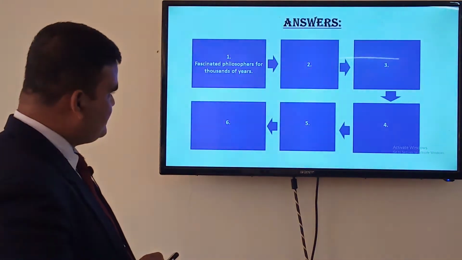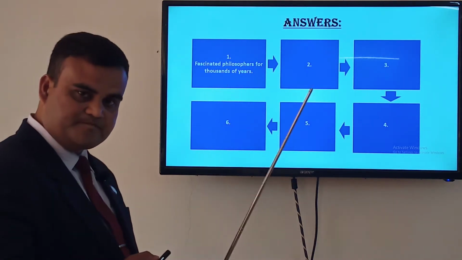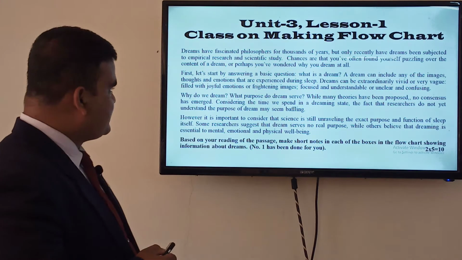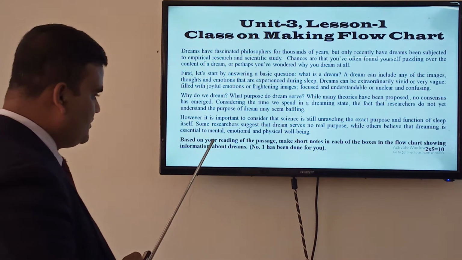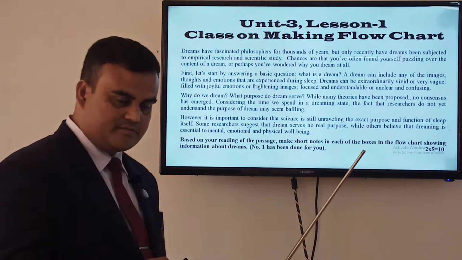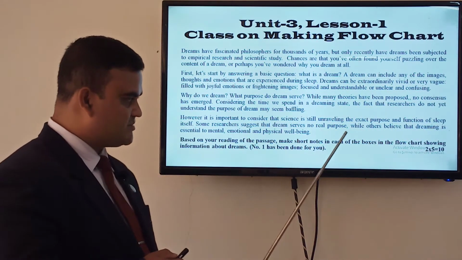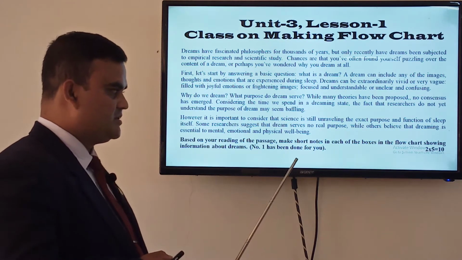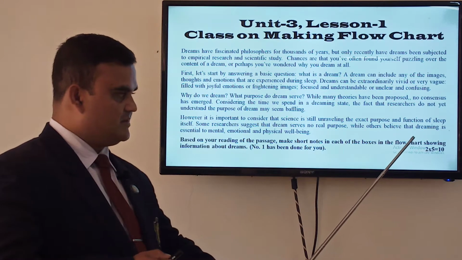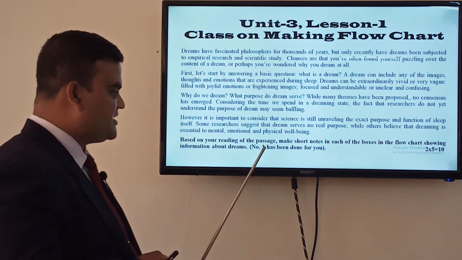And we are provided with a question. For answering this question, we have to go through the question first. Based on your reading of the passage, make short notes in each of the boxes in the flowchart showing information about dreams.